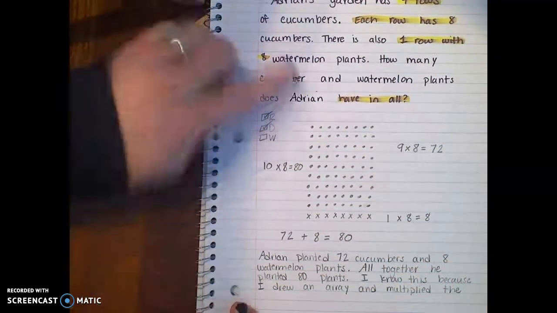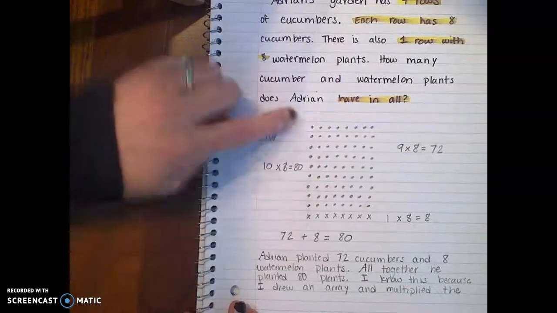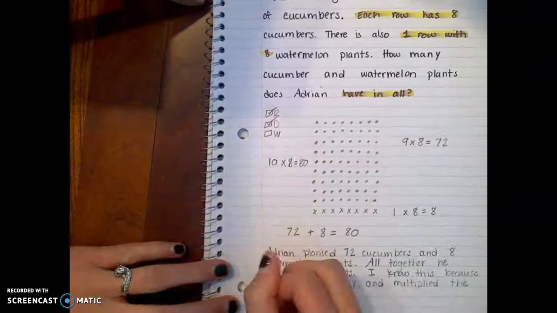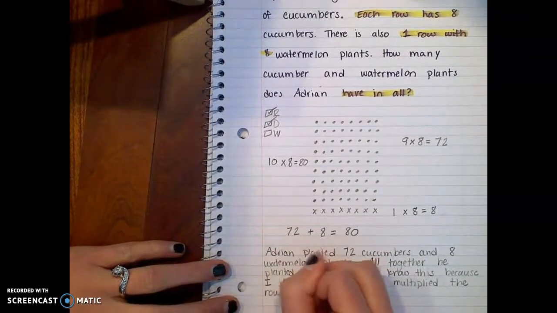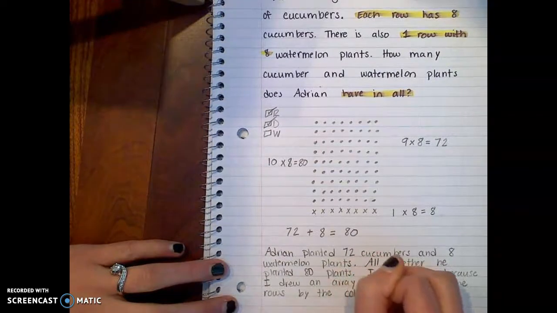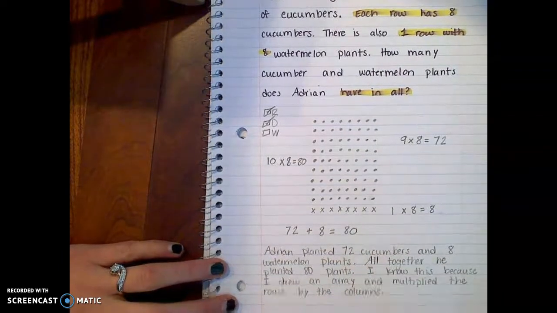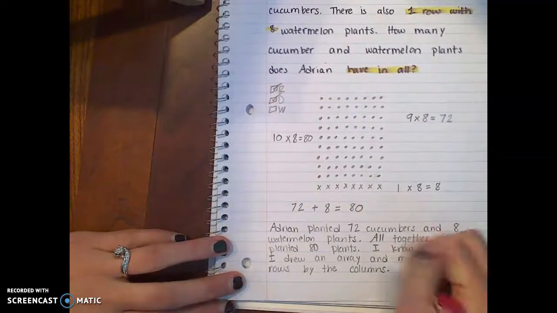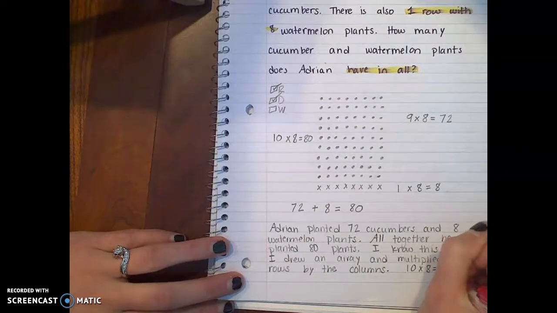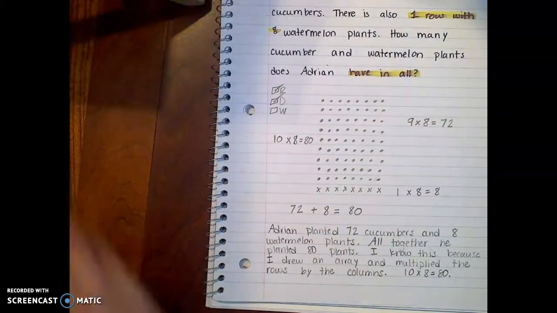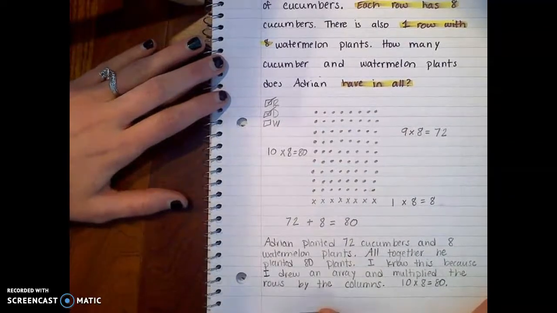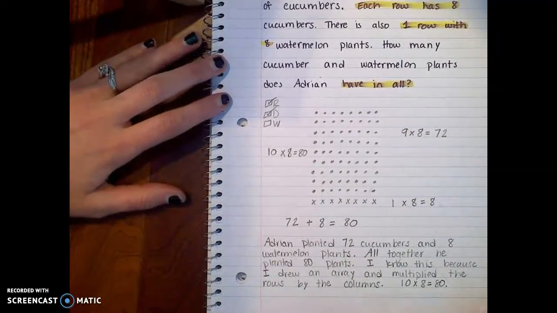Here are my rows. Rows by the columns. Ten times 8 equals 80. Boom! There it is. This is my application problem. Hopefully if you paused this and went ahead, you got the exact same answer.